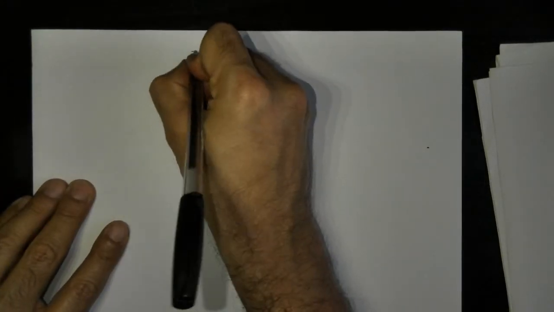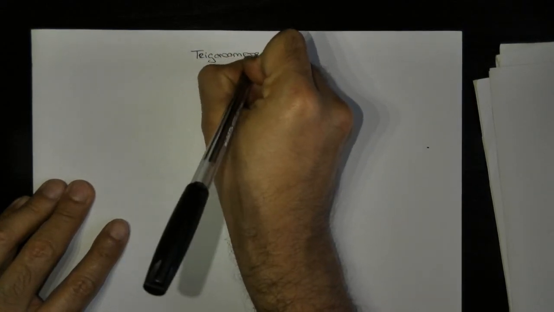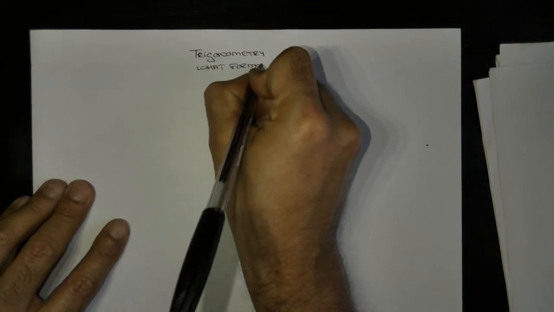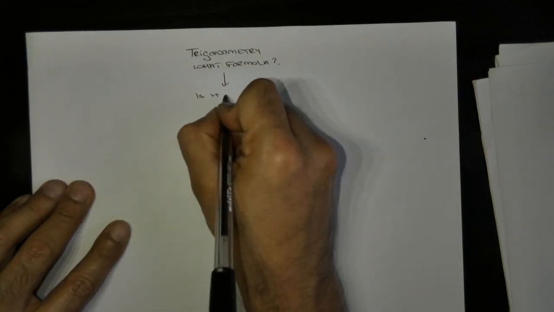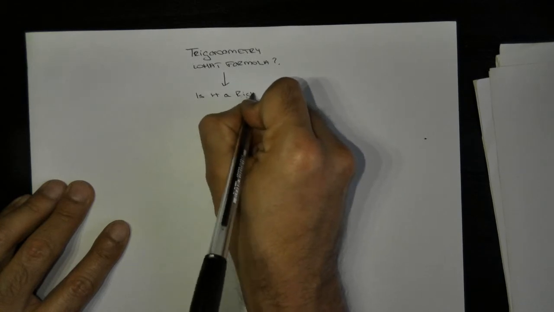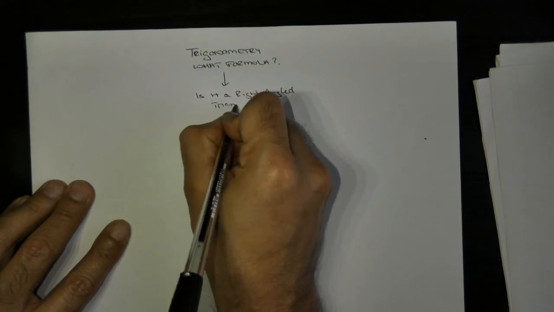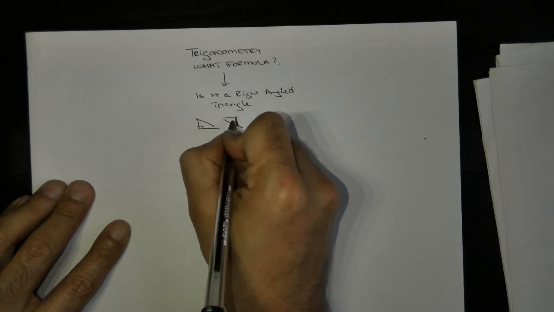So, just to finish off, as a summary, using trigonometry, the first question we should ask is, what rule or what formula? So the first question is, is it a right angle triangle?